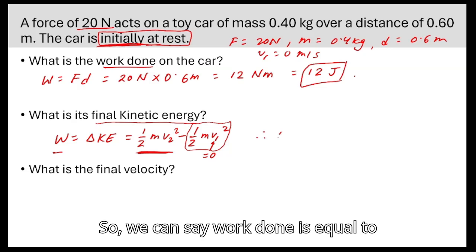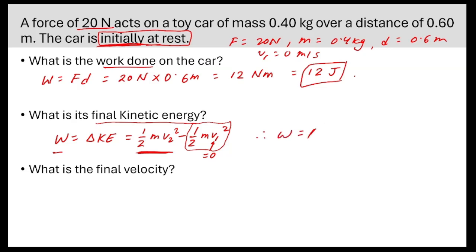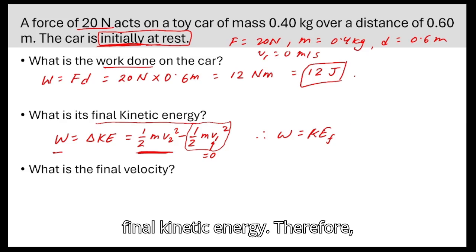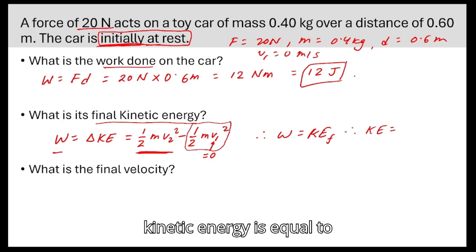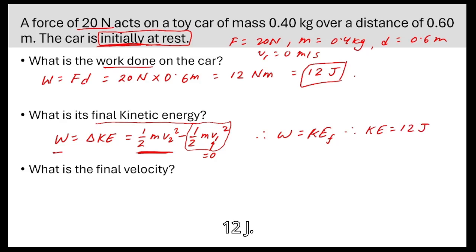So we can say work done is equal to final kinetic energy, therefore the kinetic energy is 12 joule.